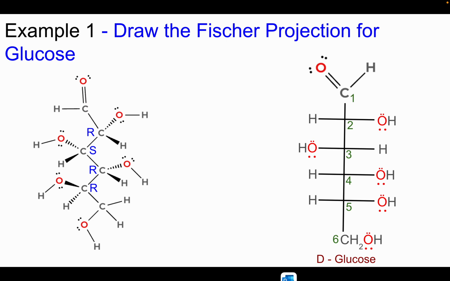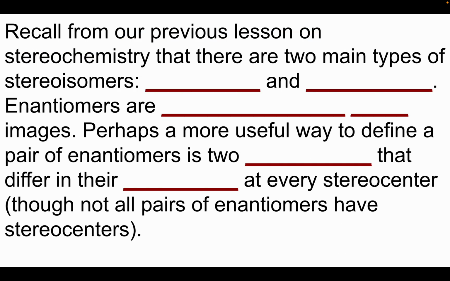So you're going to have to know to flip the configuration on carbon 2. Or I might ask you to draw the diastereomer that differs at carbons 3 and 4. So you're going to have to flip the configuration at carbons 3 and 4. We'll go through an example of how to do that in just a second here.